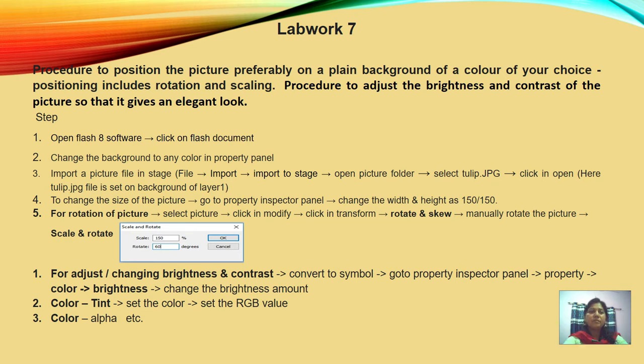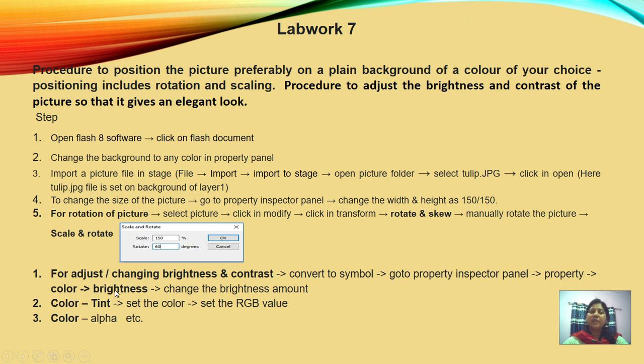Next is for adjusting or changing the brightness and contrast of your picture. For this you have to convert that picture to a symbol. Then go to the property inspector panel, where a color option is there.